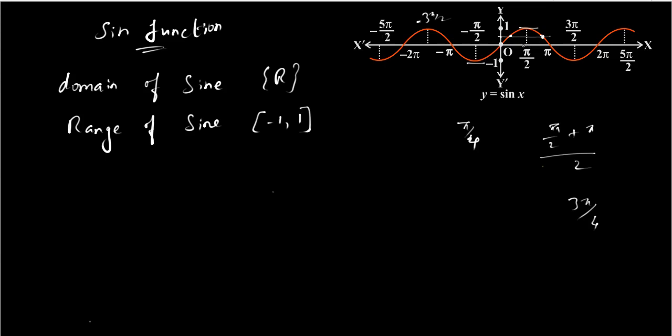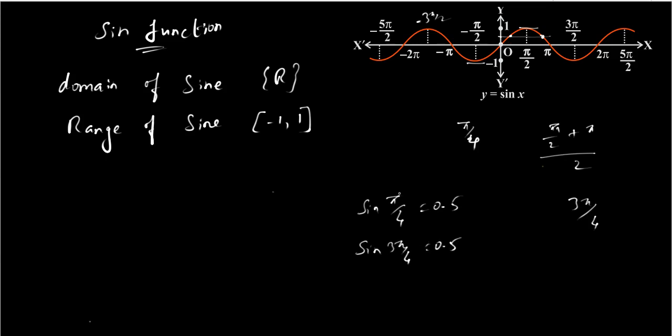So the sine function is not 1 to 1. 1 to 1 means for each value of x, we should get a different, unique value of y. But here, suppose this is 0.5: for sine pi by 4 we get 0.5, and for sine 3 pi by 4 we also get 0.5.